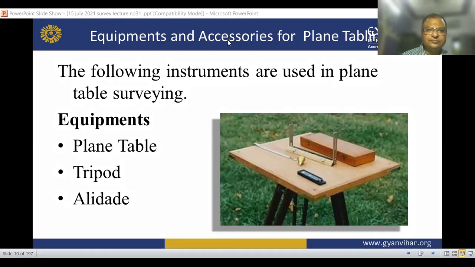This is the plane table, this is the tripod, and this is the alidade. I have marked on this.